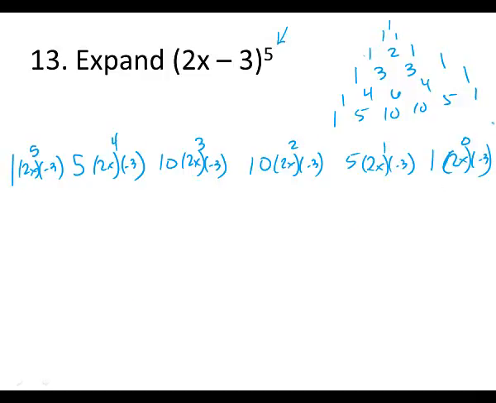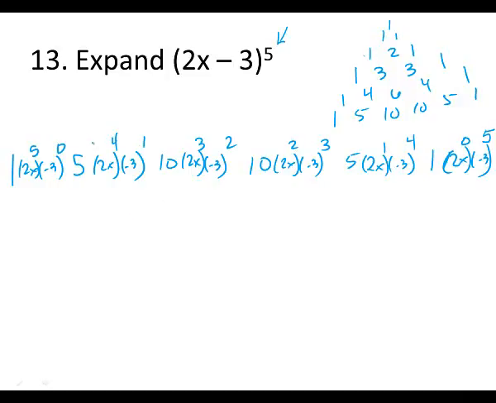And then the first exponent on the 3 on the right is? 5, right? 4, 3, 2, 1, 0. What should each pair of exponents add up to? 5. That's kind of your check to make sure you did it right. Make sure they all add up to 5.